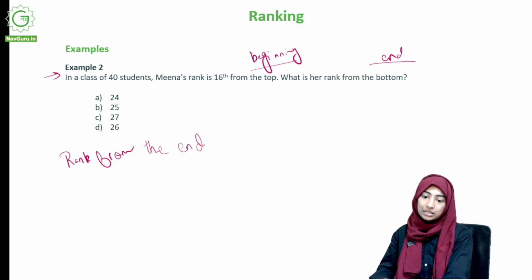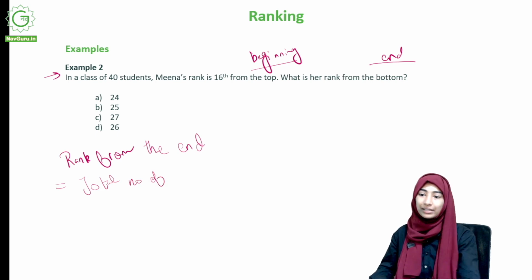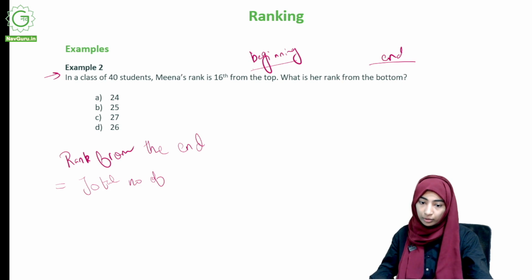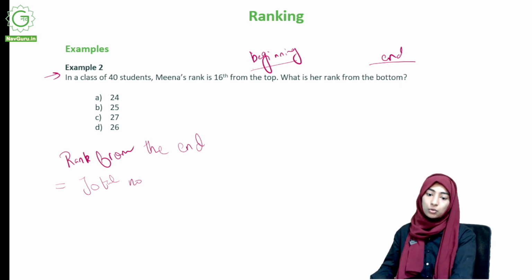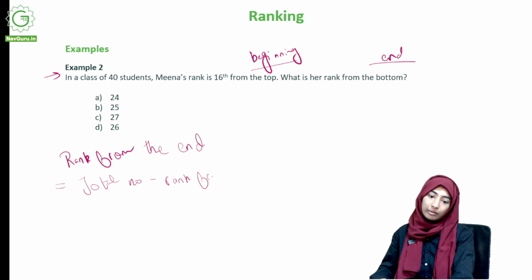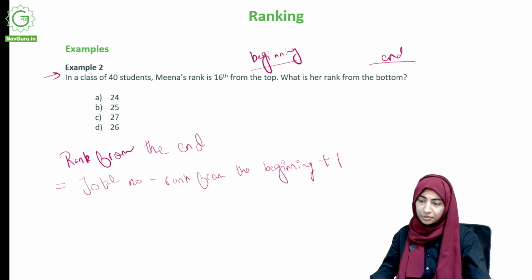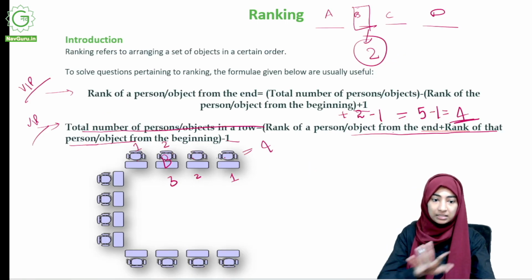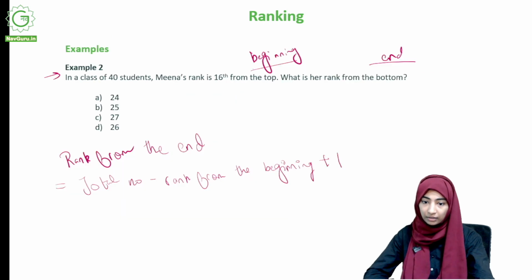Rank from the end is equal to total number, we don't have to say number of what, just write it short, total number minus rank from the beginning plus 1. Let me just cross check. Yes, total number minus rank from the beginning plus 1. That is rank from the end.